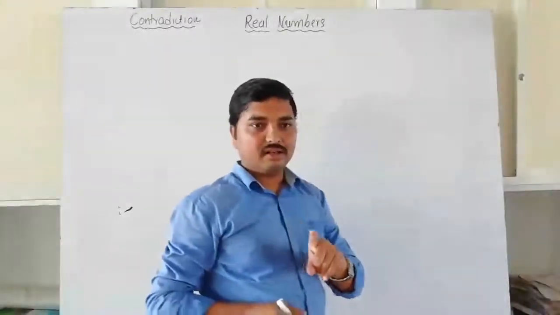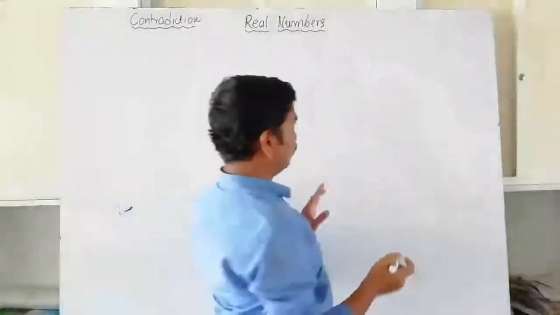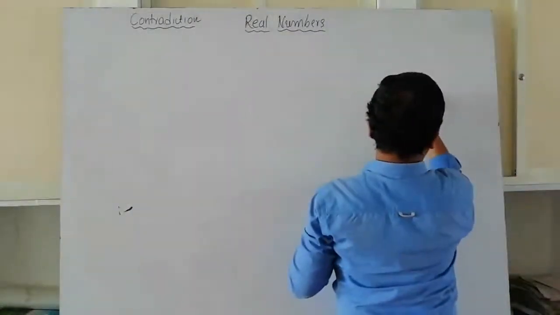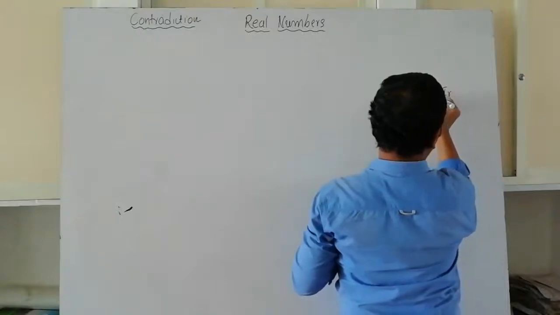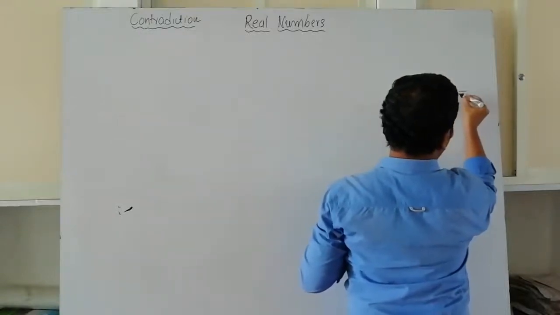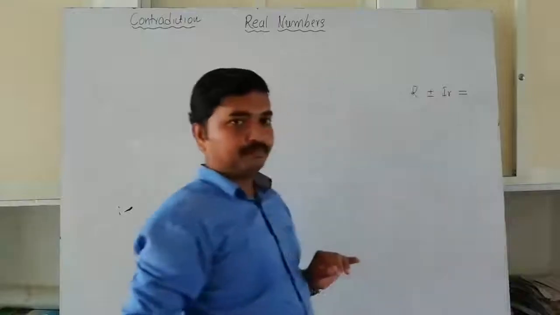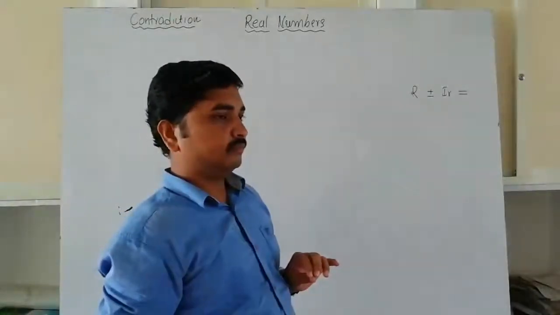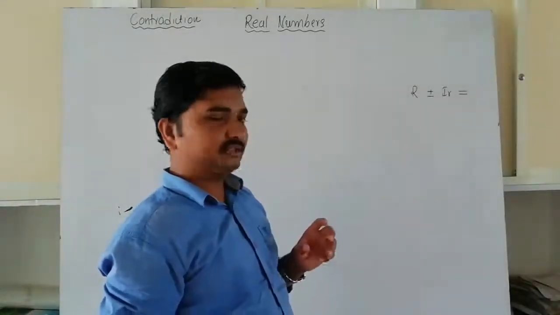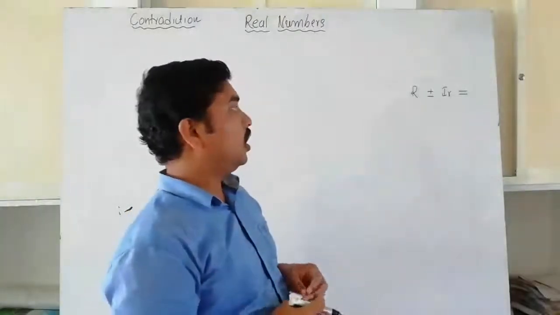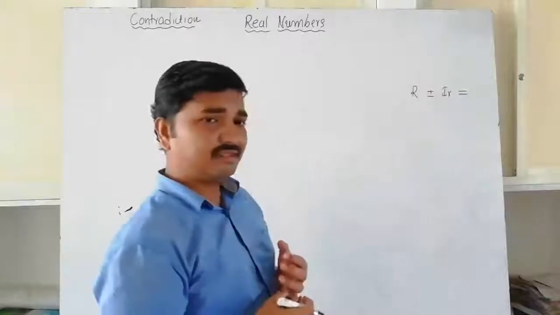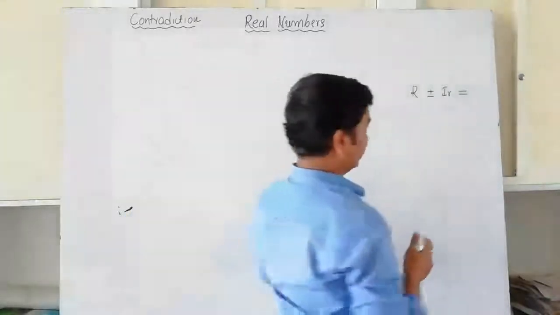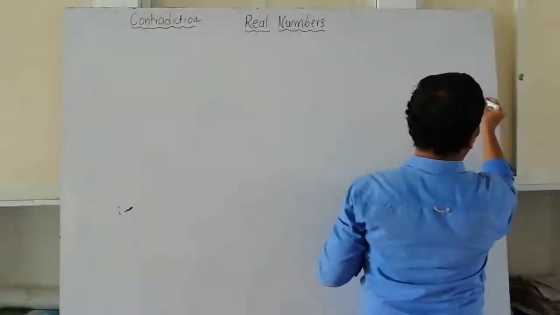In the ninth standard I told you, when we operate a rational number with an irrational number, whether it is addition or subtraction, the result is always what? Rational plus irrational or rational minus irrational? The answer is always irrational.